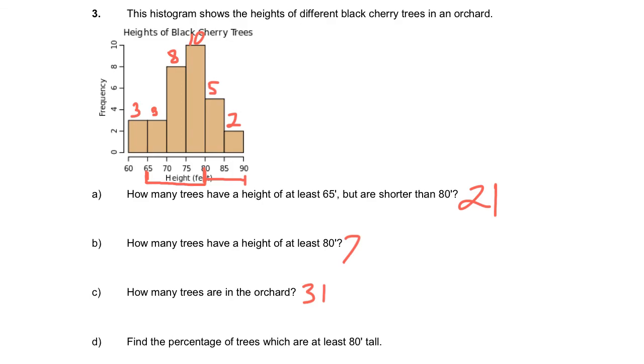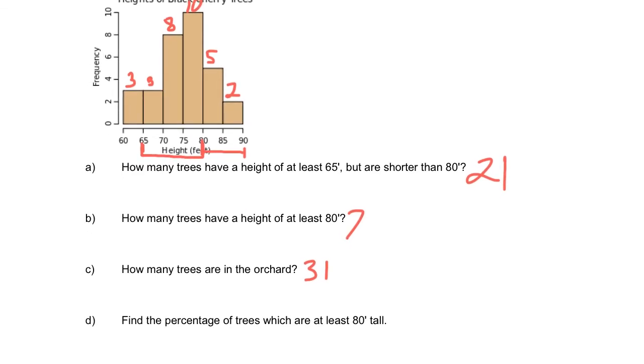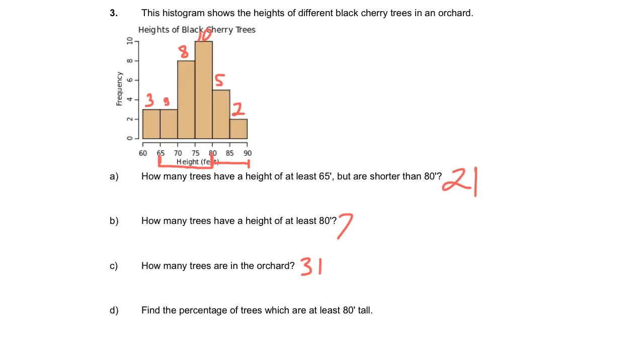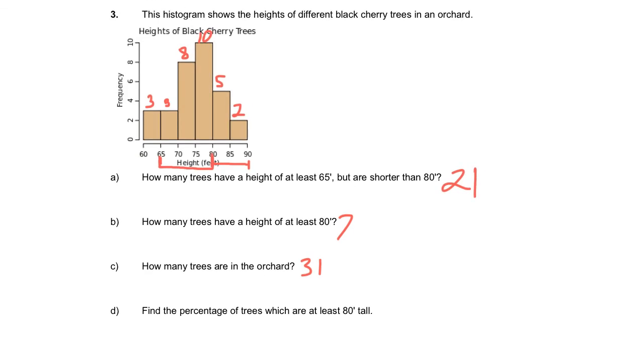Okay, this last question, a lot of people find difficult. Find the percentage of trees which are at least 80 feet tall. Okay, so there's 7 trees that are at least 80 feet tall, and there are 31 total trees.